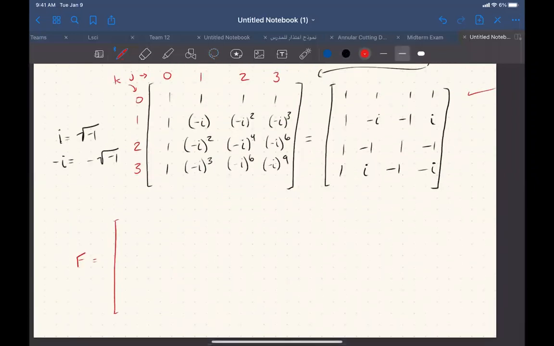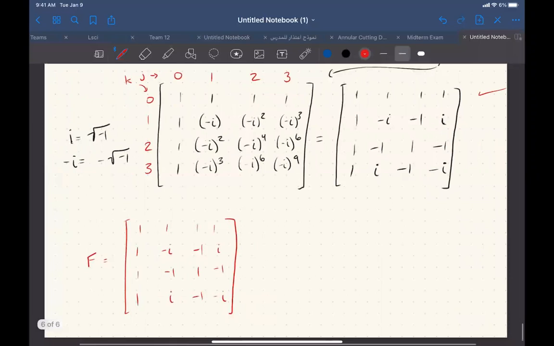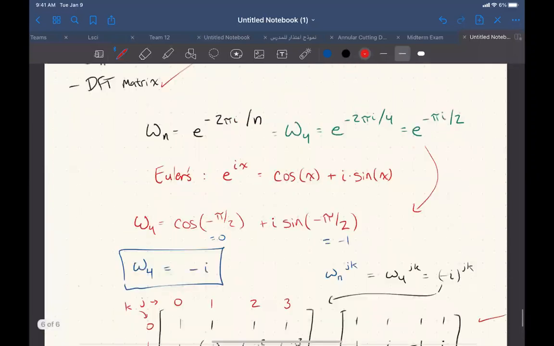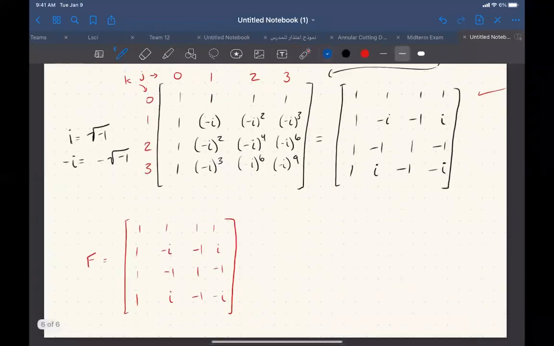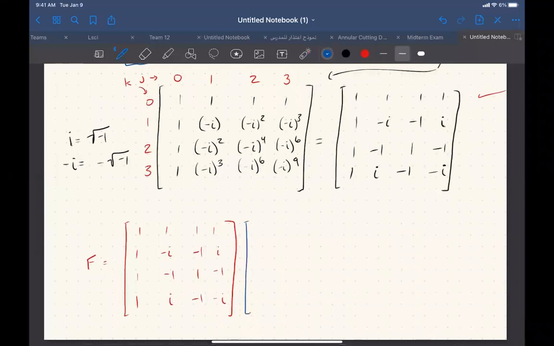We have 1, 1, 1, 1, 1, negative i, negative 1, i, 1, negative 1, 1, negative 1, and 1, i, negative 1, negative i. We're multiplying that by little f. Little f is given here. It's 1, 2, 3, 4.